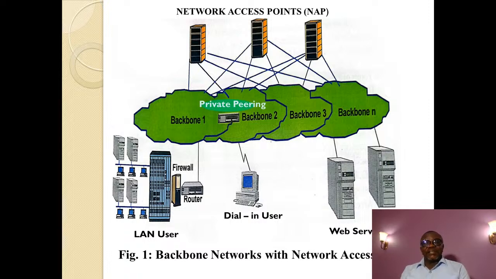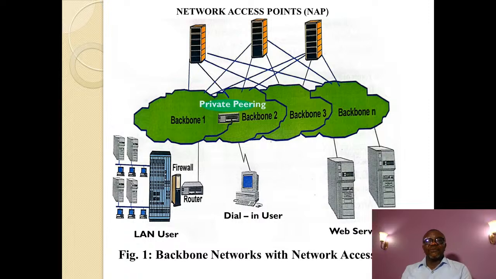If there is sufficient traffic originated from backbone 1 going to backbone 2, or from backbone 2 going to backbone 1, there could be an understanding between the operators of backbone 1 and the operators of backbone 2, so that connection between them will not go through the network access points, because going through the network access point may introduce delays and congestion.